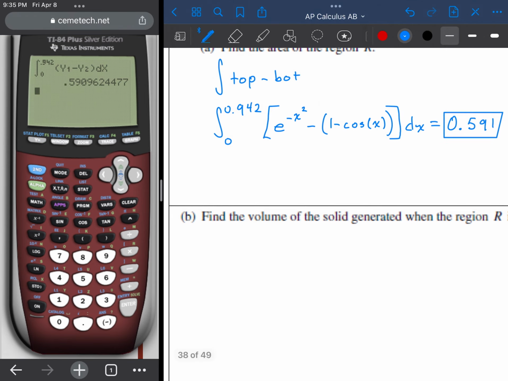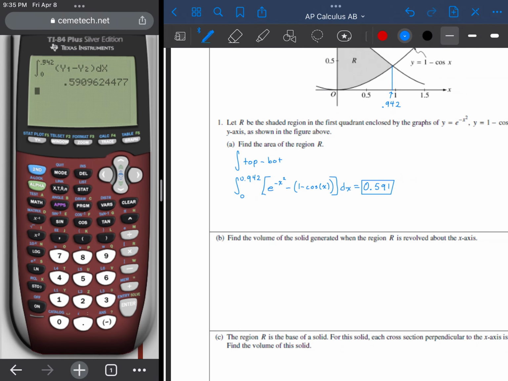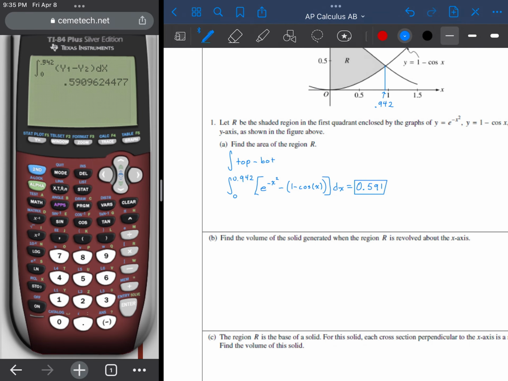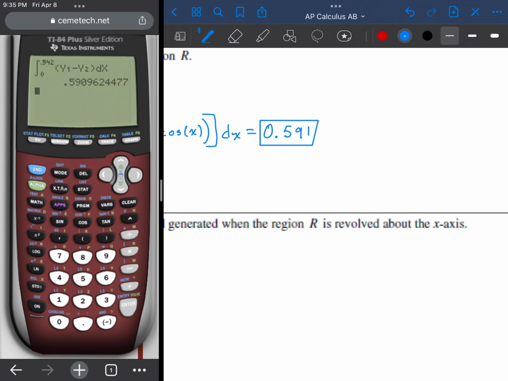Excellent. Part B. I'll zoom back out here. Find the volume of the solid generated when the region R is revolved around the x-axis. The first thing that pops out to me is this word revolve. Revolve means that I'm going to be using a pi because I'm going to have a circle, and circles have pi in them. I always forget my pi.